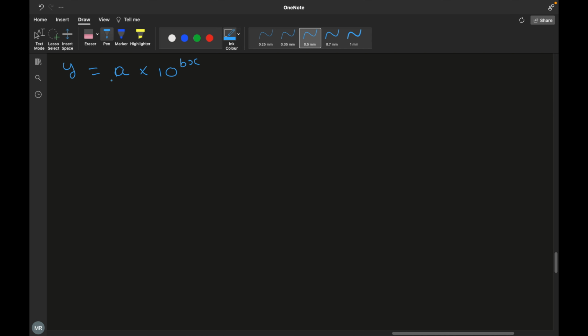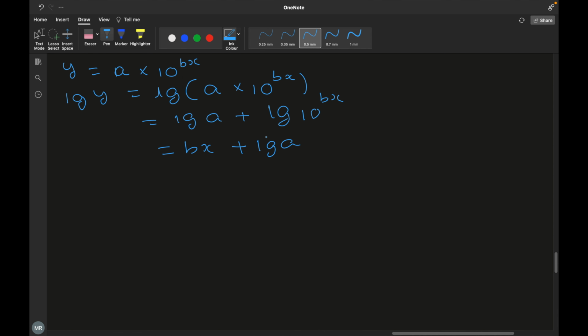Now we look at how to transform this equation into a linear relationship. First, you can apply logs to both sides. So let's do log of y equals log of a into 10 to the power of bx. This would be log a plus log of this. So we can simplify this to bx plus lga.